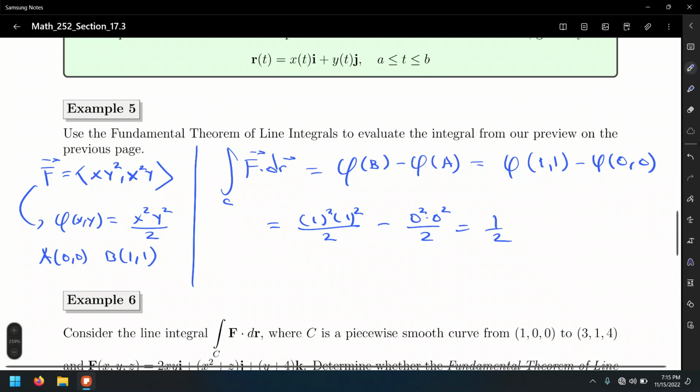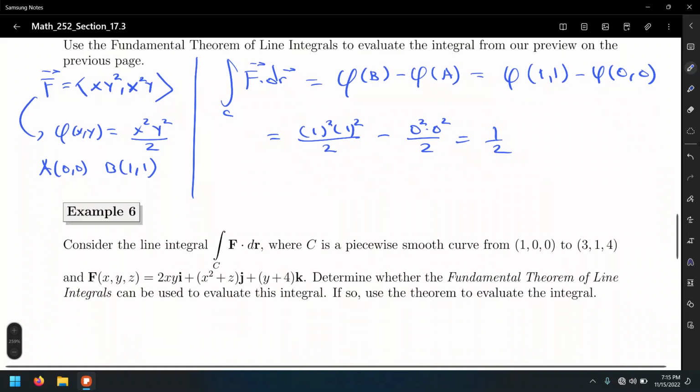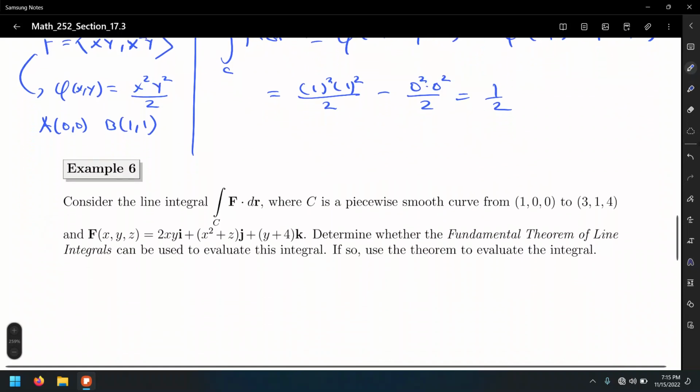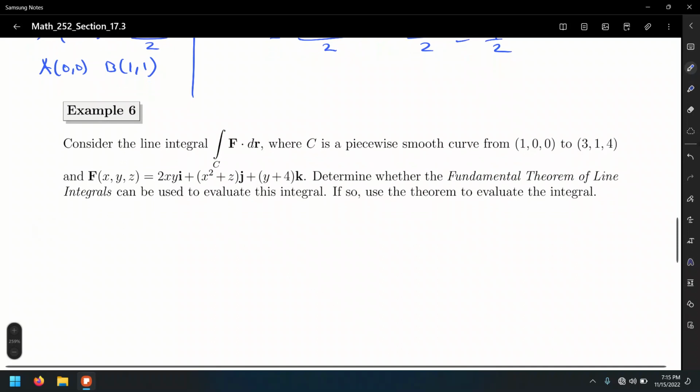So let's get more practice on this. Let's now use the fundamental theorem of line integrals. Consider the line integral over C of F dr, where C is a piecewise smooth curve from 1, 0, 0 to 3, 1, 4, and the given vector field is that madness there.